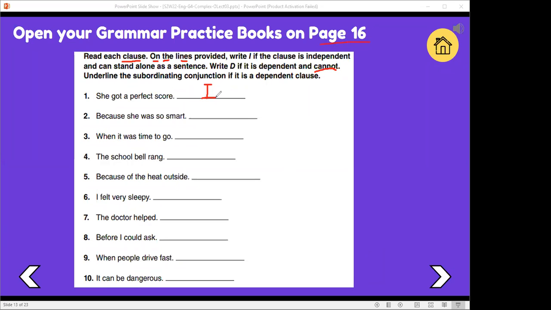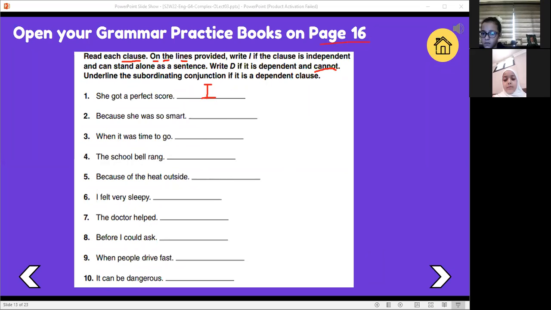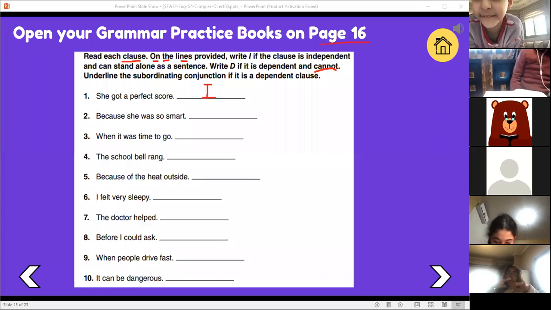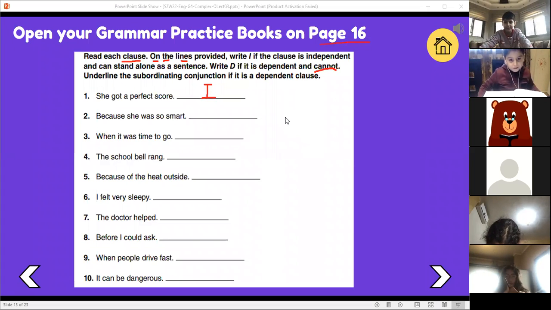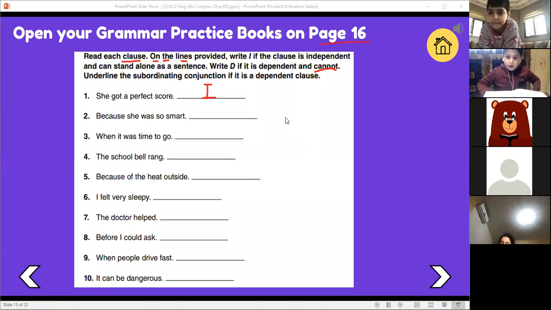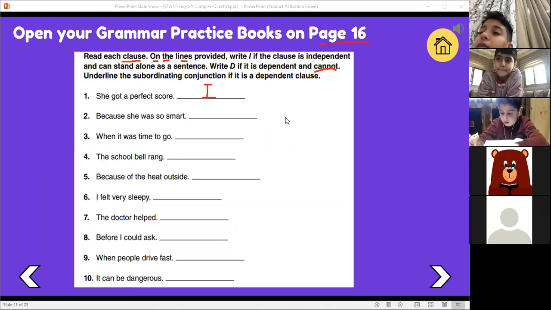Yes, yalla Mahdi, do for us number 2, please. Because she was so smart. Is it dependent or independent? Dependent. Can you tell me why this one is a dependent clause?